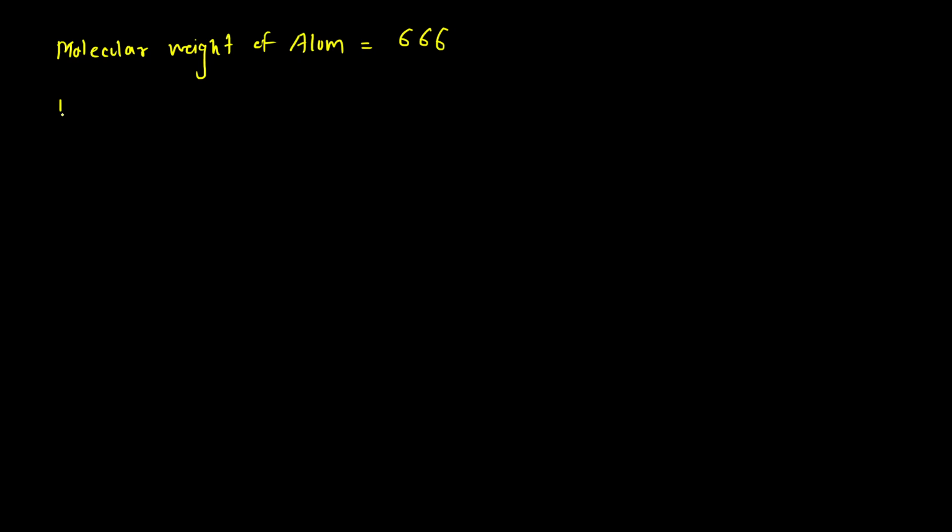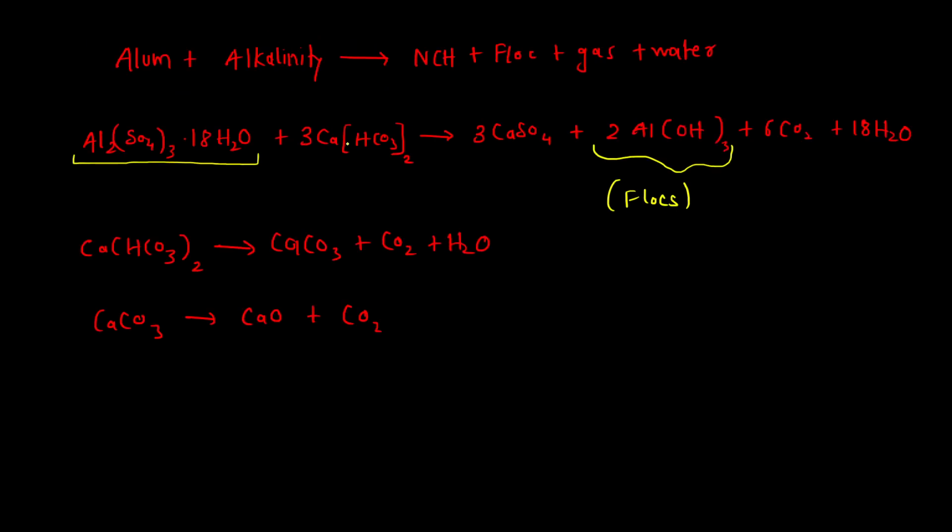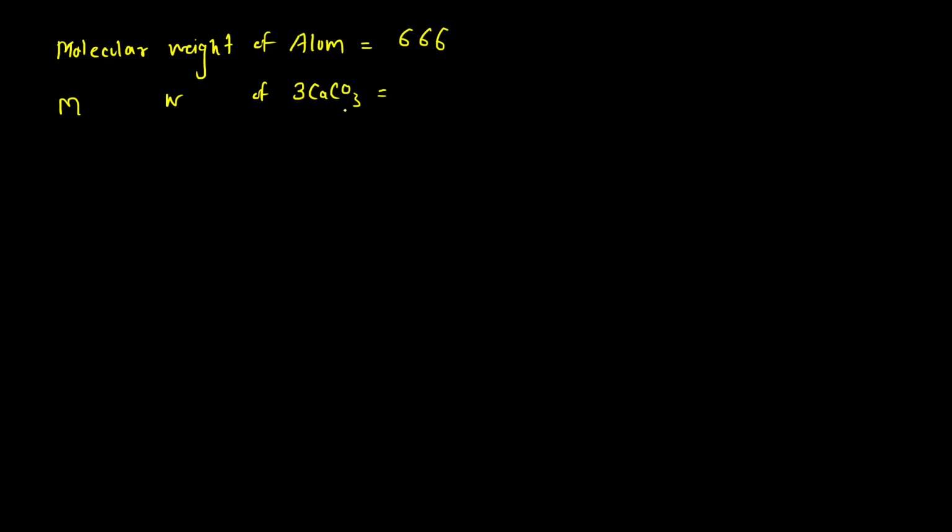Then the molecular weight of 3CaCO3: calcium carbonate weight is 100, so 3 into 100 is 300. Molecular weight of calcium oxide is equal to 40 plus 16, that is 56. So these are all the molecular weights.